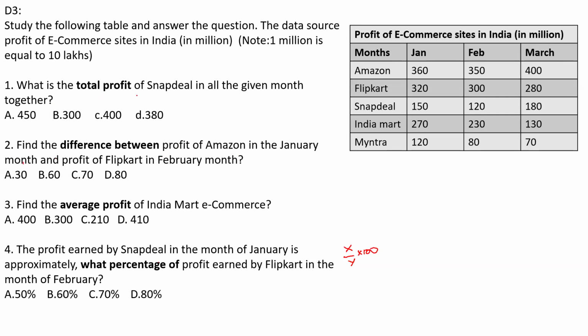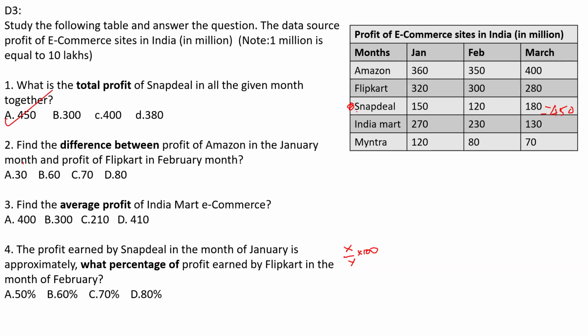So Snapdeal is here, just total all of it. 150 plus 120 plus 180, if you total it, it will come to 450. So option A is the answer.